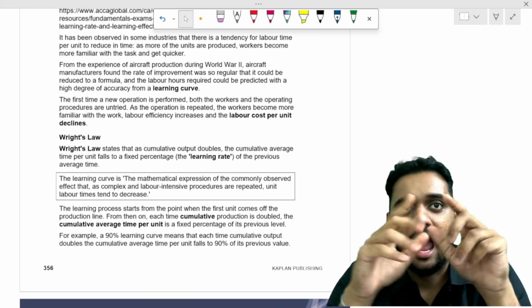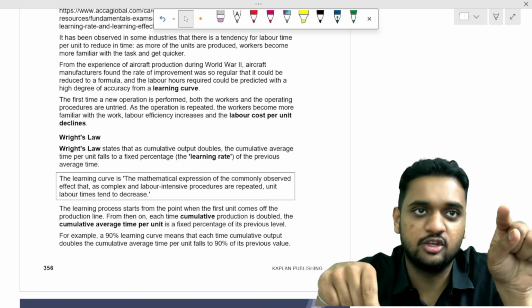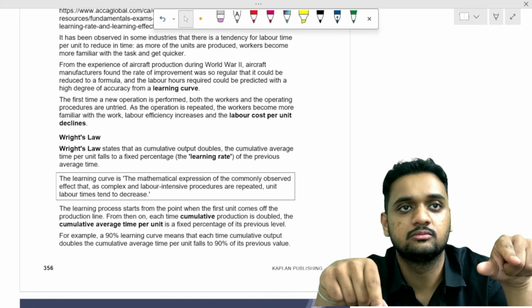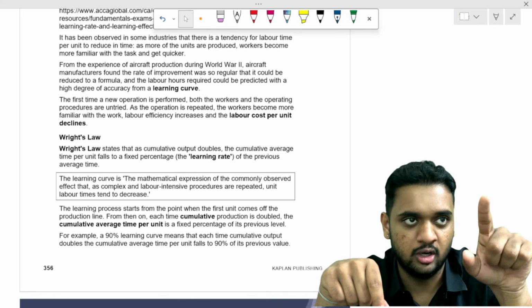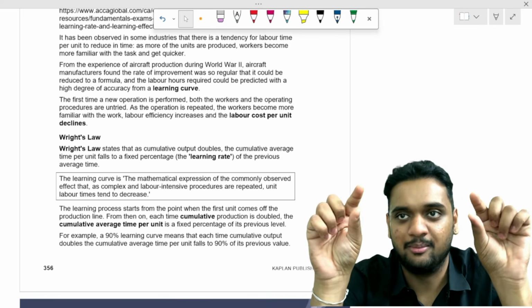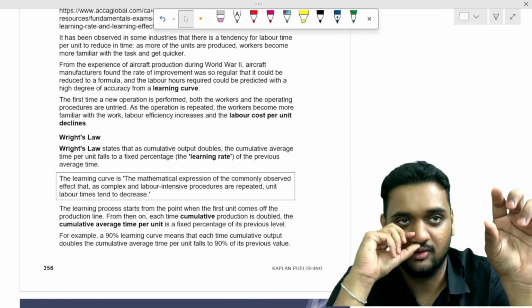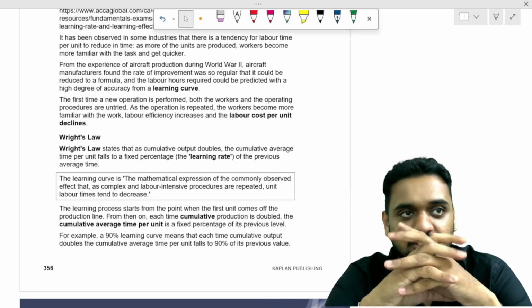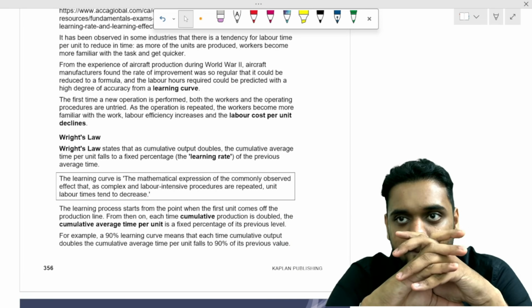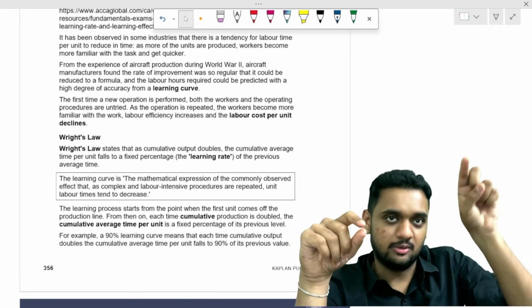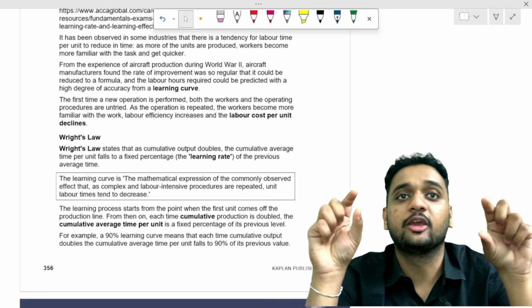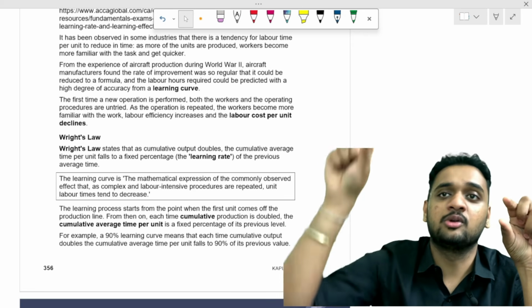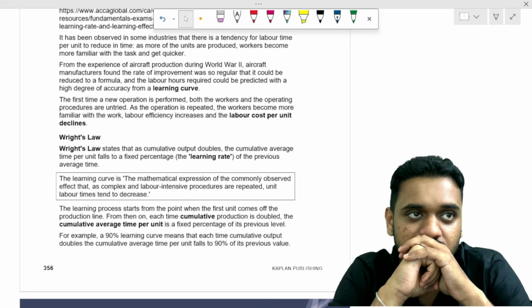That means as my units double, from the first unit to 2, assuming for the first unit my cumulative average time taken is 100%, when my units double, from 1 to 2, my cumulative average time comes from 100% to 90%.